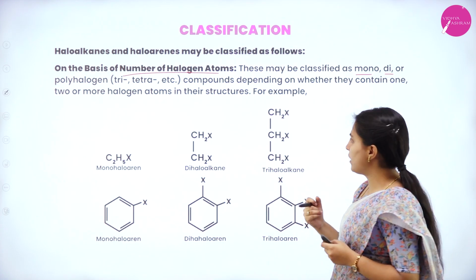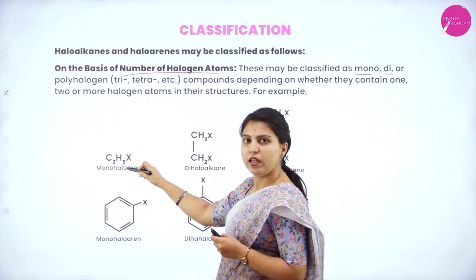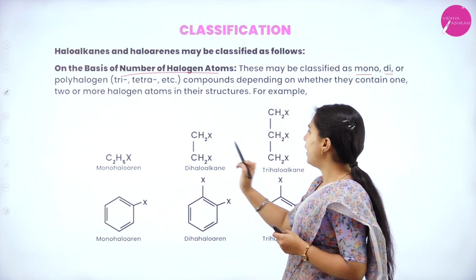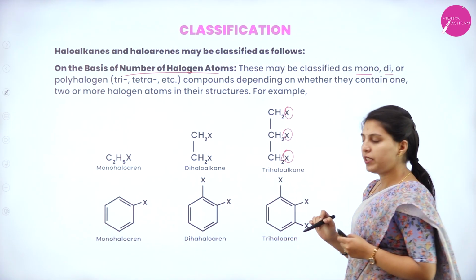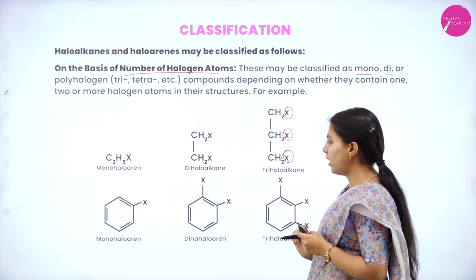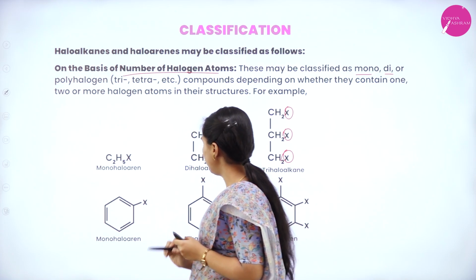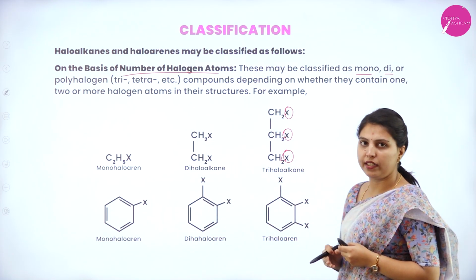For example, C2H5X has 1 halogen atom, so monohaloalkane. If there are 2, dihaloalkane, and here 3 halogen atoms have been added, so trihaloalkane. These are all aryl compounds: monohaloarene, dihaloarene and trihaloarene.